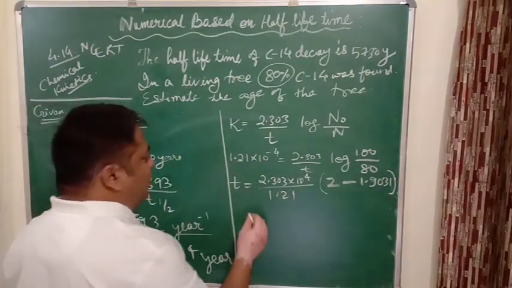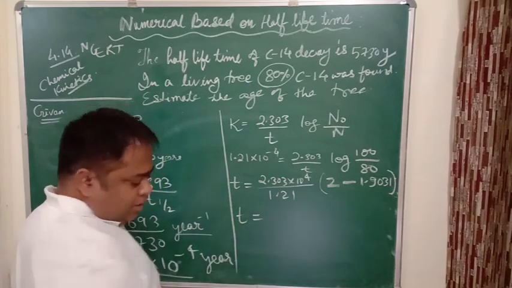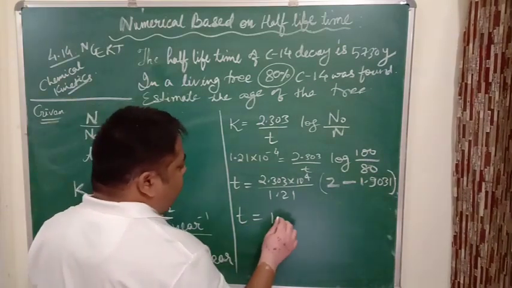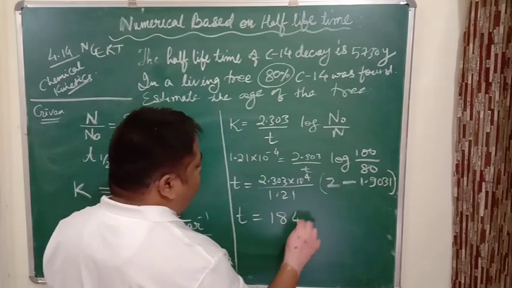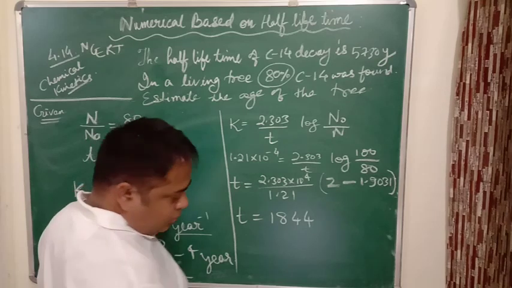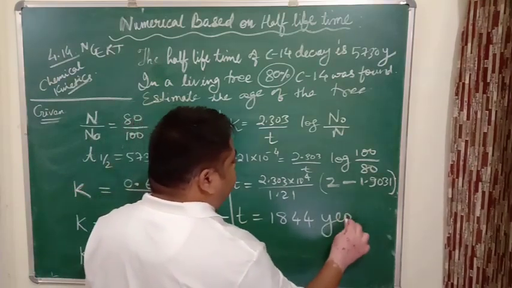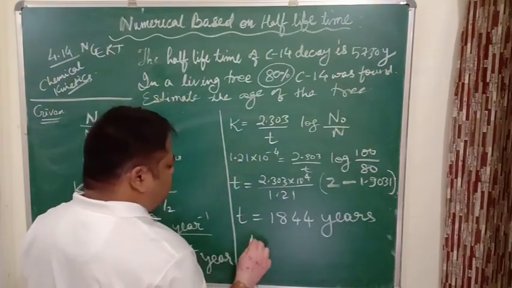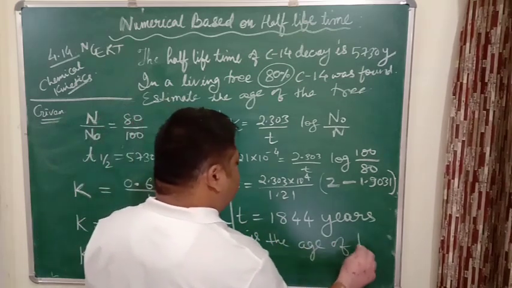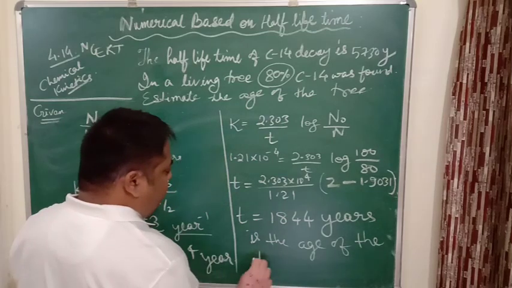Now it is a simple calculation, and if you calculate, t will come out to be 1844 years, which is the age of the tree.